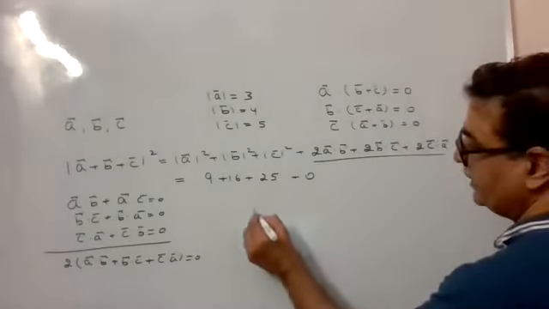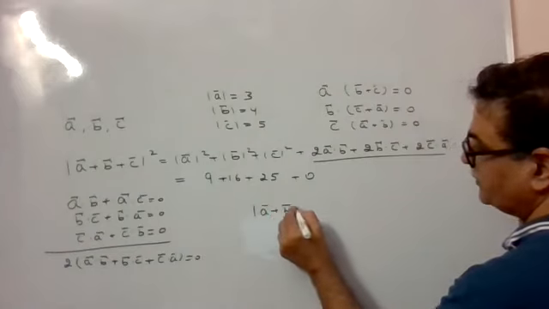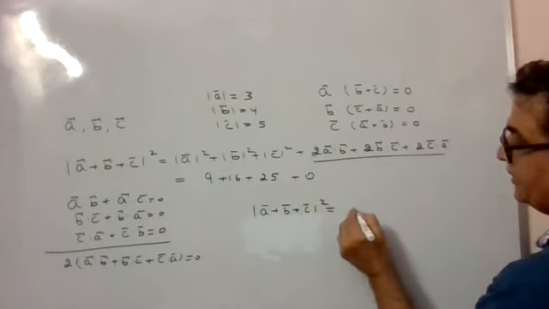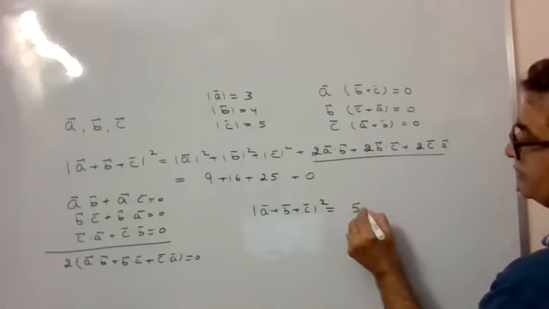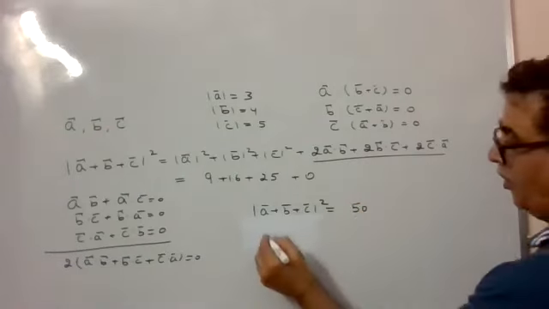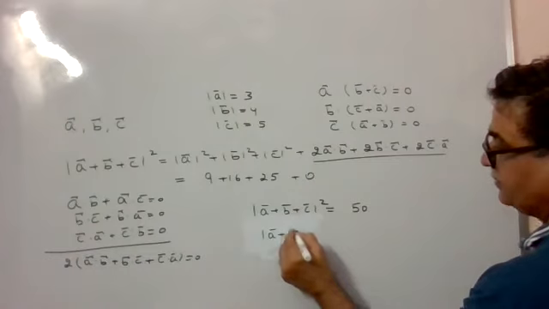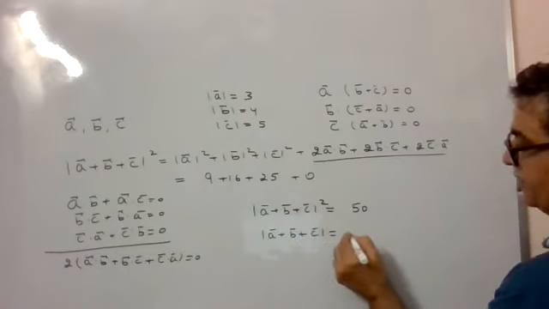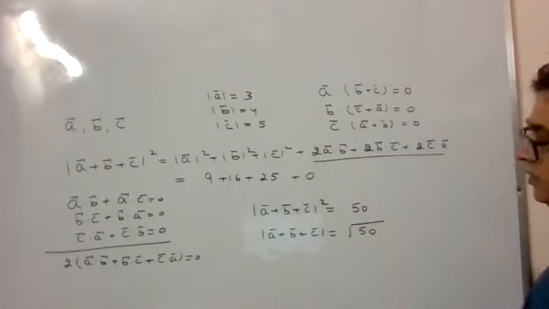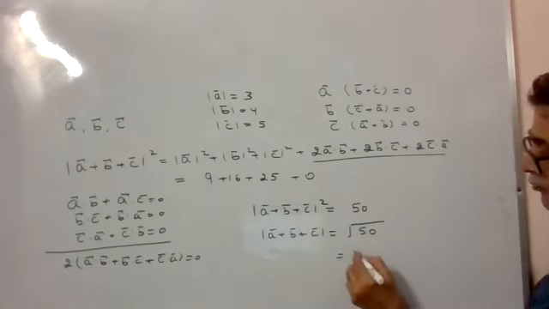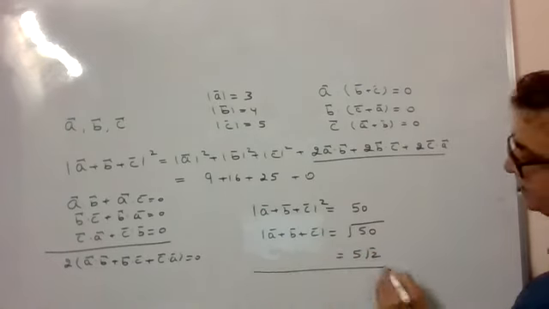So that means what I get here: the magnitude of A plus B plus C, whole square, is 50. Or I should say the magnitude of A plus B plus C is root 50. And root 50 is what? 5 under root 2 is the answer.